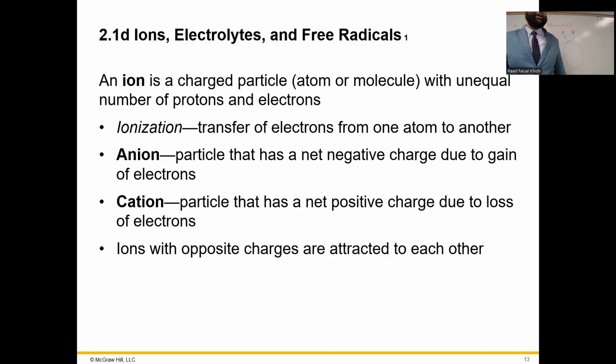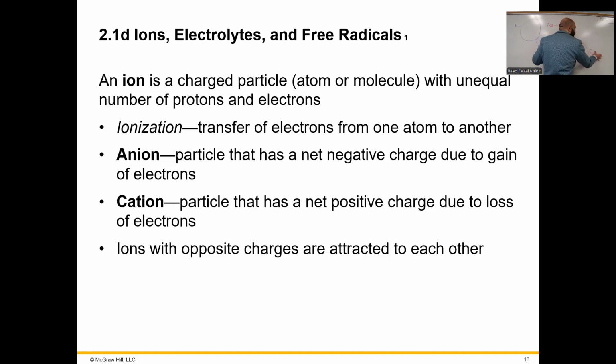So that is no longer equal. That is polar. The same thing here: oxygen is so big, it's going to steal the electrons from the hydrogen. So electrons are going to spend more time around the oxygen, because oxygen is so big. So oxygen is going to be more electronegative.